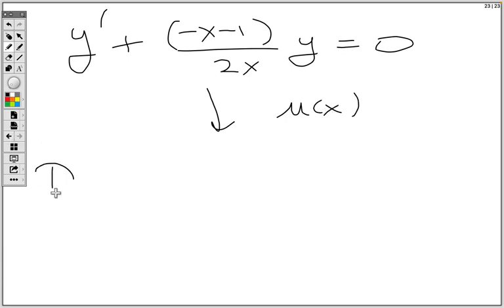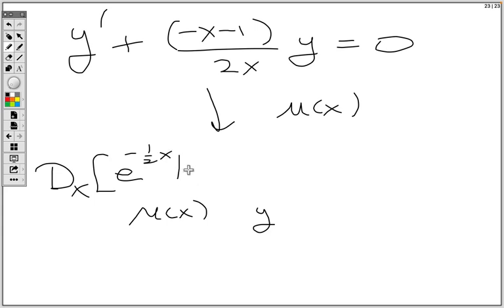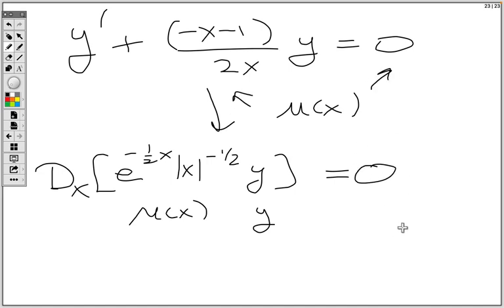The left-hand side, when we do that, will turn into the integrating factor times the function. So in this particular case, e to the minus x over 2, or yeah, e to the minus 1/2 x, that's fine. Absolute value x to the minus 1/2 times y equals, and once again, we've got a homogeneous equation. When I multiply 0 by that, we're going to get 0. Integrate both sides.